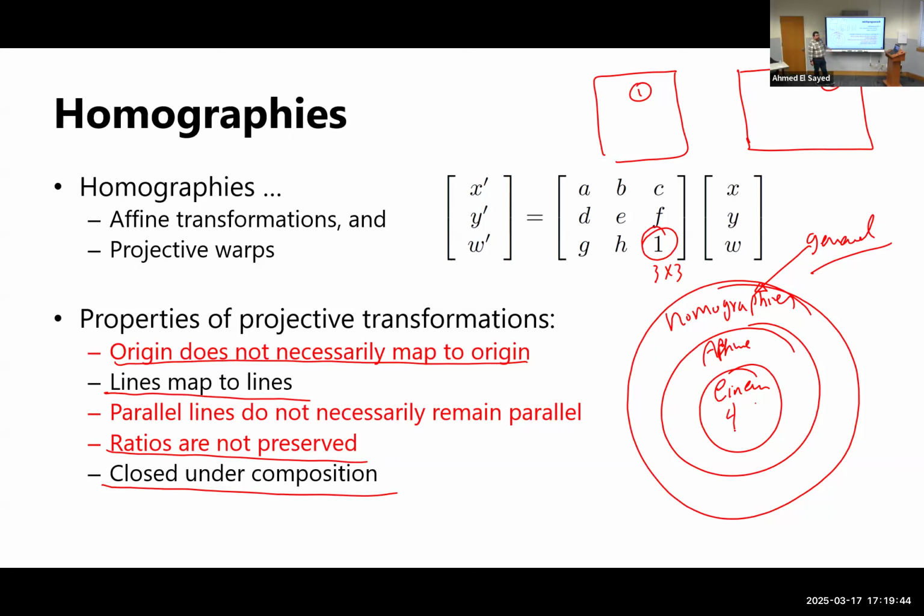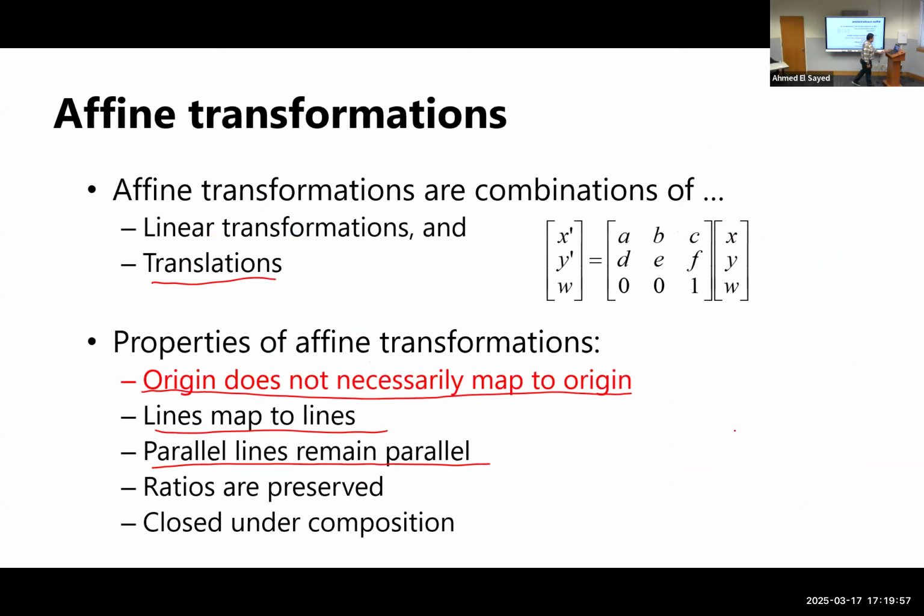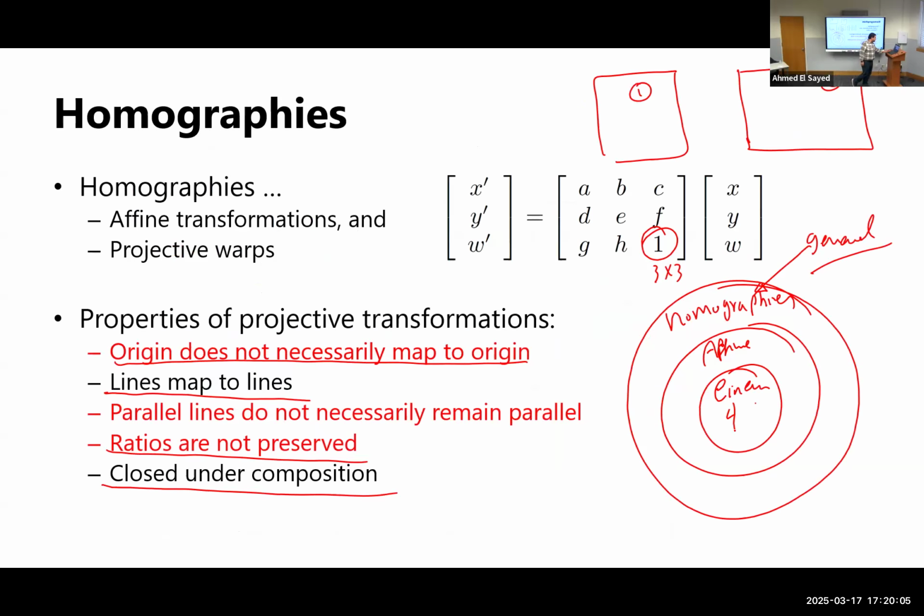In affine, how many parameters do you have? 2 by 3, 6. Only 6, because those are fixed. So here, 6 parameters. Here, how many parameters do you have to work with?